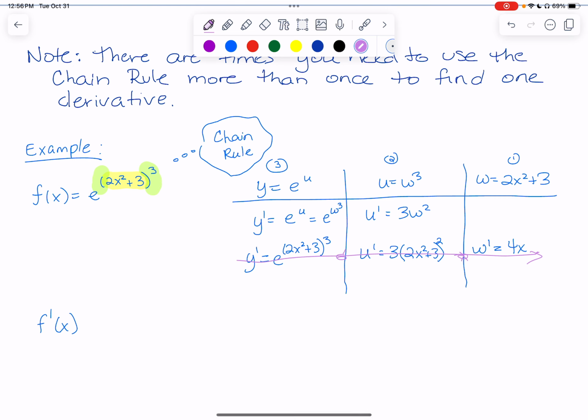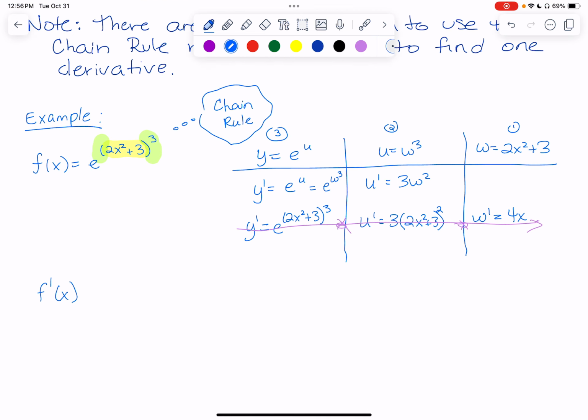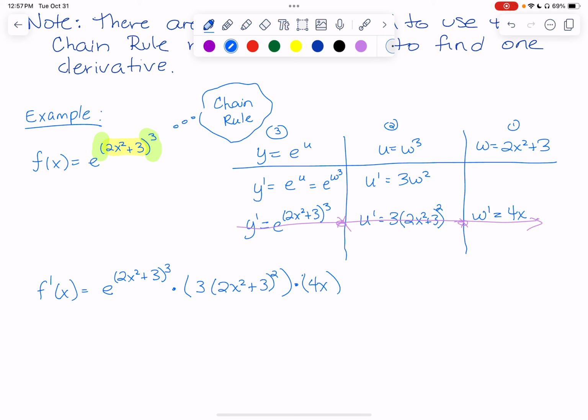These are multiplications. So I'm going to have e to the 2x squared plus 3, all cubed, multiplied by my 3 times 2x squared plus 3, all squared, that's my u prime, all times my w prime, which is 4x.